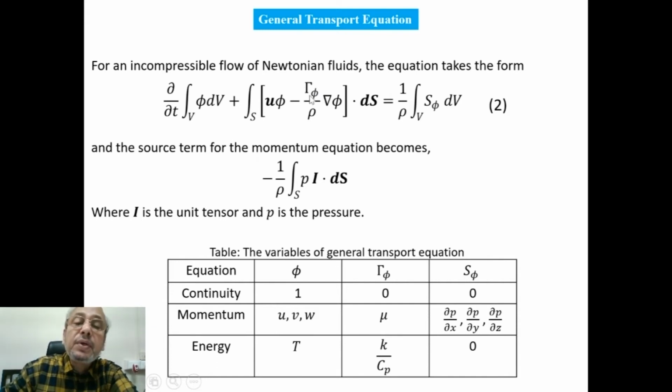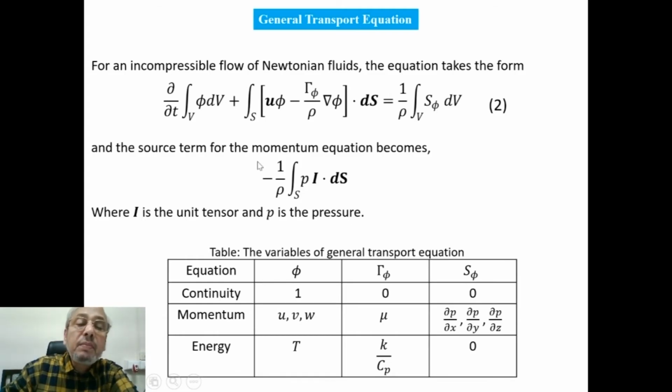In the case of the Navier-Stokes equations, it is the coefficient of viscosity by rho into grad phi dot dS surface vector, equal to 1 by rho times the source term integrated over the volume, S phi.